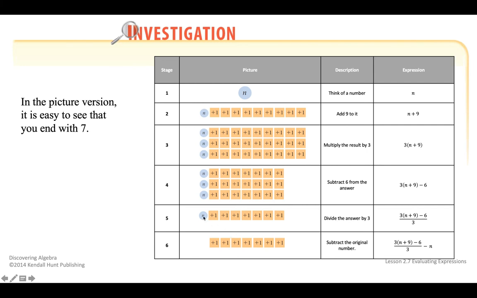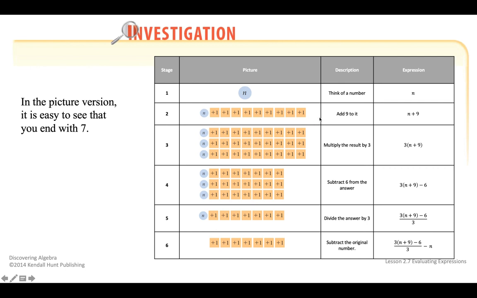Okay, and then we subtract the original number. Remember, the original number was n, so now n gets taken away. And I'm left with these 7 ones, right? And that's how it's very easy to tell. Every single time, you should end up with 7. And we can see in here that here's the multiplying by 3, and then here's the dividing by 3 that undoes it.